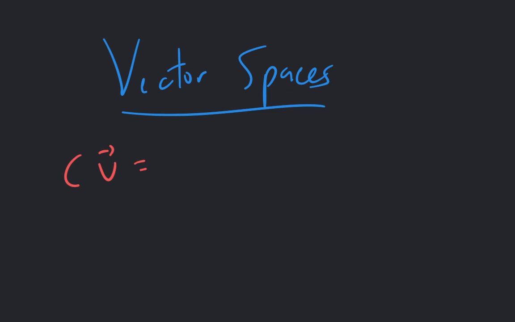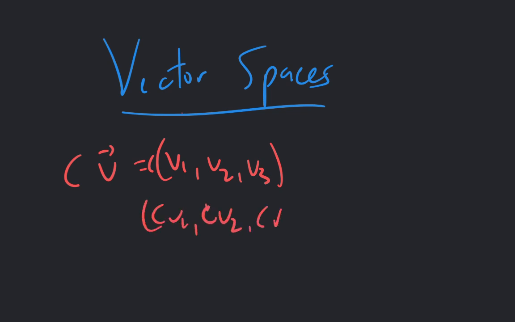For example, if we have v as v1, v2, v3, then we have cv1, cv2, cv3.